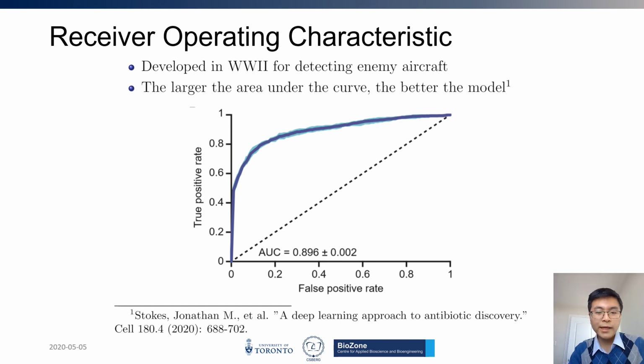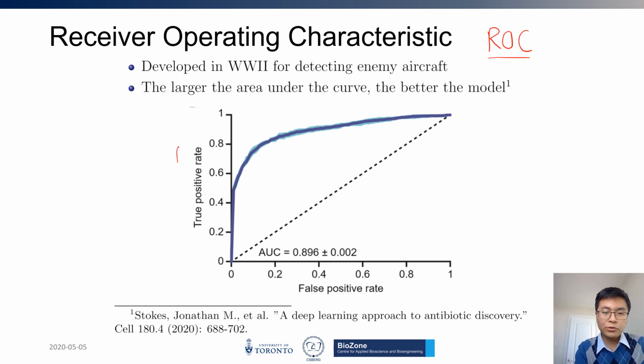So what we can look at is this receiver operating characteristic curve, otherwise known as the ROC curve. Incidentally, this was developed in World War II for detecting enemy aircraft and separating signal and noise. So the larger the area under this curve, the better the model. And what do I really mean by that? Well, let's take a look at what the curve plots.